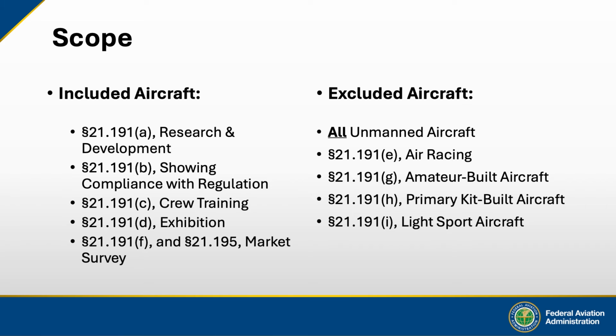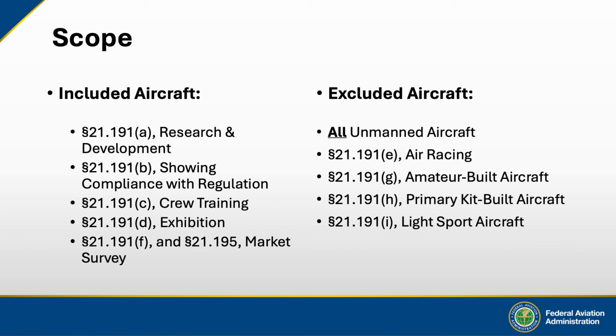Section 21.191(c), crew training, that pertains to training pilots and other crew members on new aircraft types or procedures. Section 21.191(d), exhibition, aircraft used for air shows, demonstrations, or other public displays. Section 21.191(f), and 21.195, market survey, for evaluating the potential market for a new aircraft design.